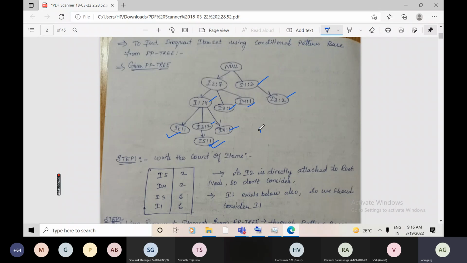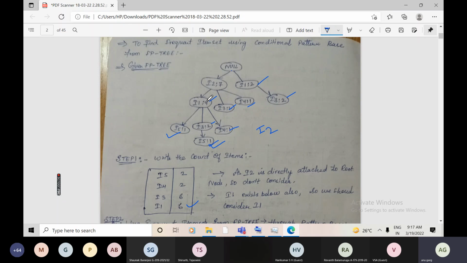Now we'll discuss why we have not taken I2. We have not taken I2 because I2 is directly connected to root. So you should not consider an item which is directly connected to root. But then I1 is also directly connected, so why have we taken I1? Because I1 is present below also, below your parent node.